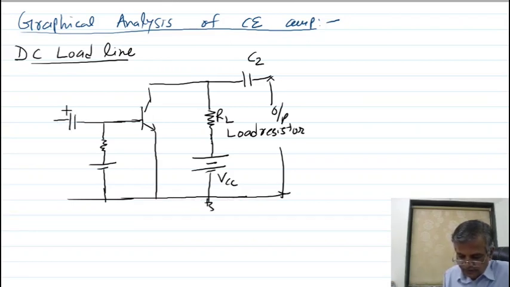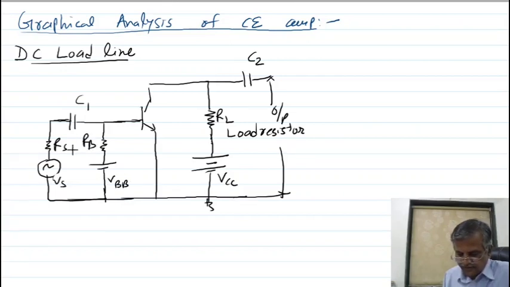Here is coupling capacitor C1. These are the source and source resistor Rs. This is your Vs. This is your VBB. This is RB.